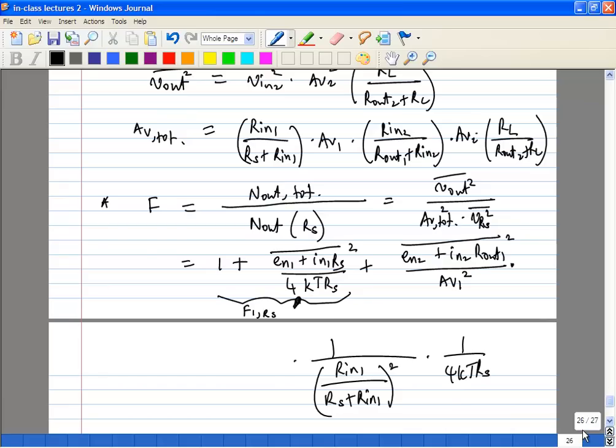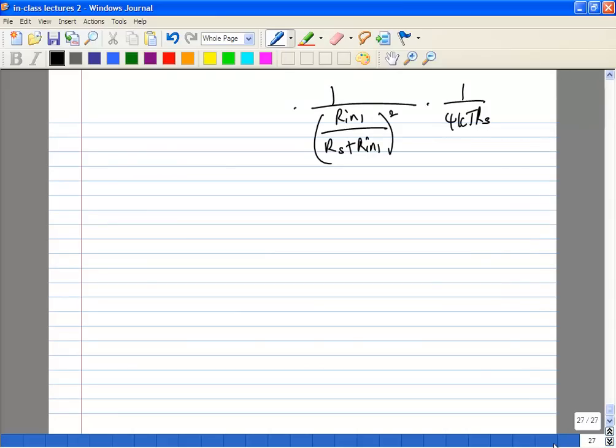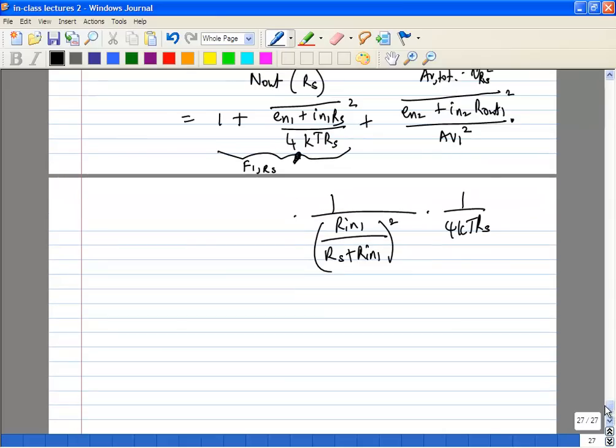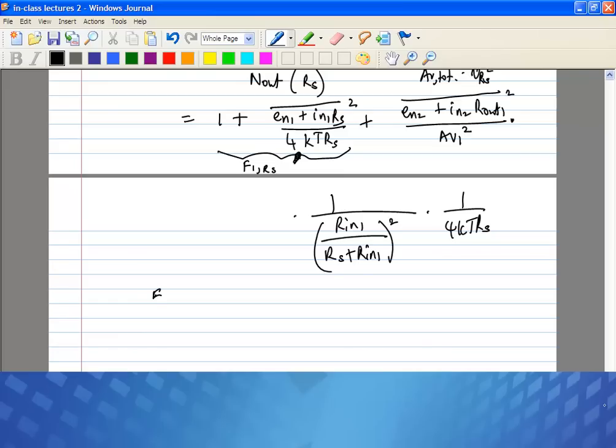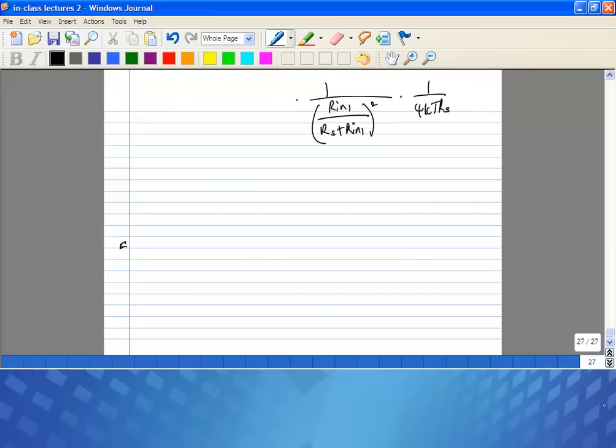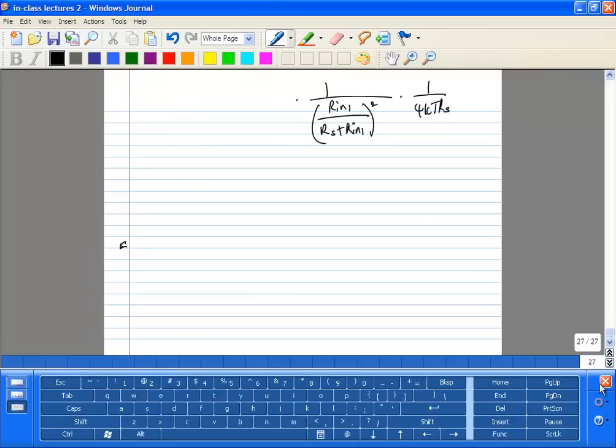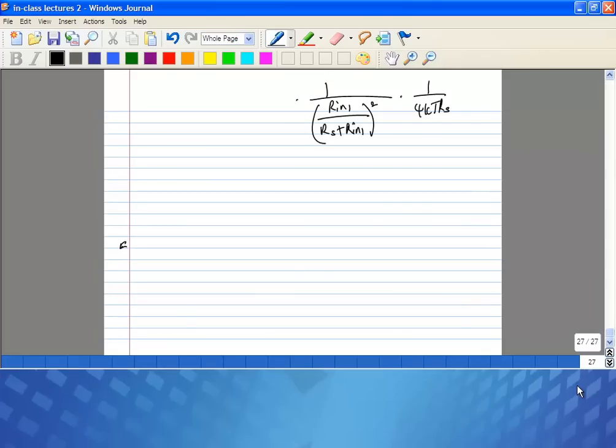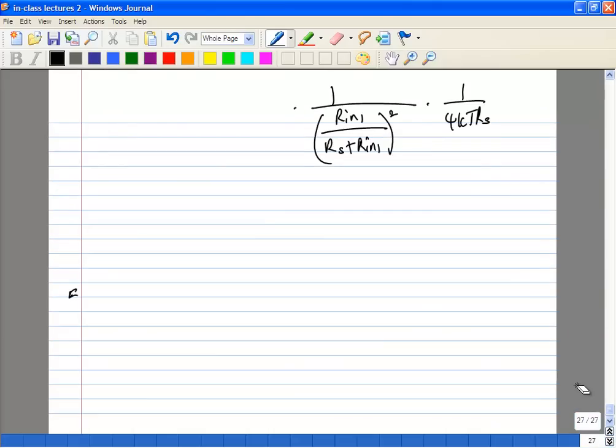Let's look at the second term. Okay, so let's rewrite this slightly differently. Before we go there, what is F2 with respect to Rout1?